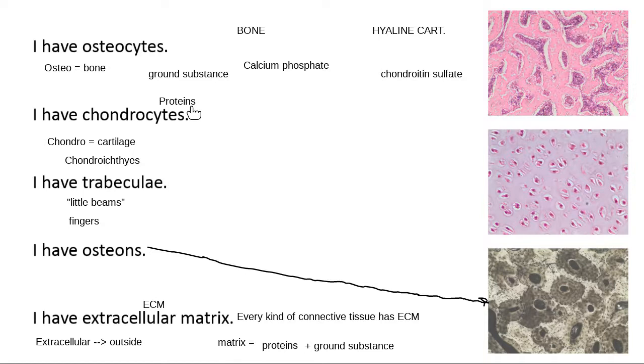Now, for both of these types of tissue, we have the same protein, known as collagen. That is the same protein that we saw in dense regular connective tissue and dense irregular connective tissue. So collagen is my protein that I find all over the place inside my connective tissues.